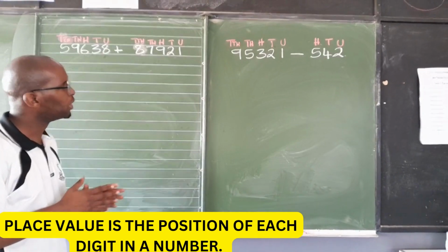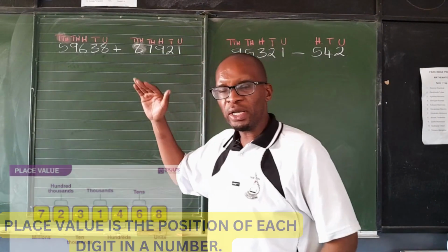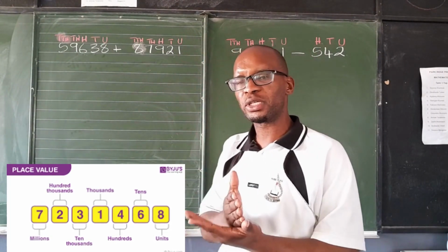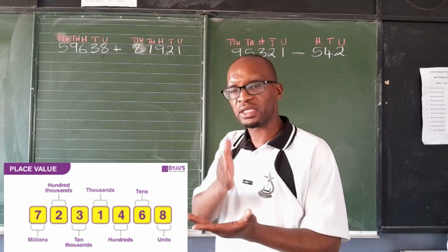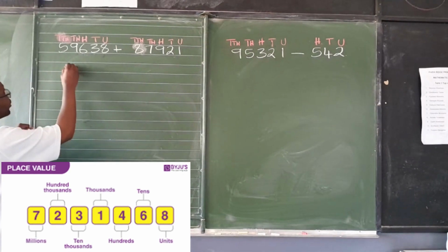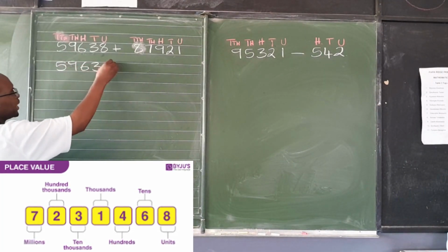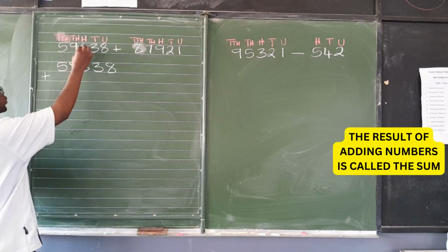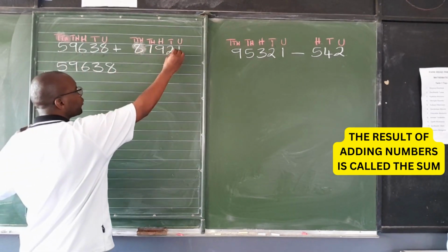Now, why is place value also important? It is important because when we are doing our column method, we want to make sure that we write each number under the correct place value. Let's take a look at our first example. We have 59,638 plus 87,921. You can see here we have 5 digits, and over here we have 5 digits.